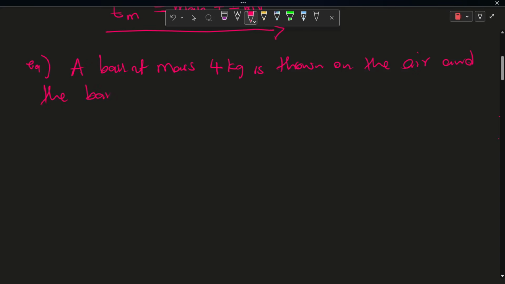the ball travels at 3 meters per second and moves and covers the height of 6 meters.